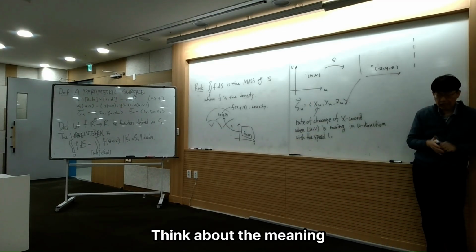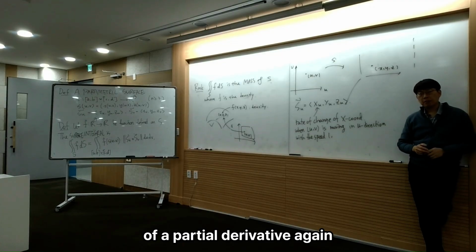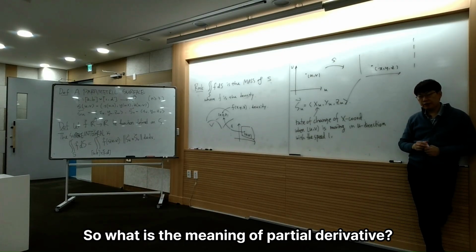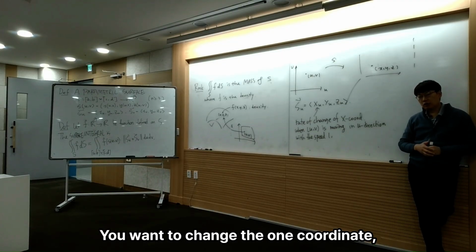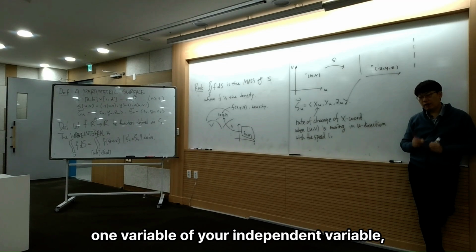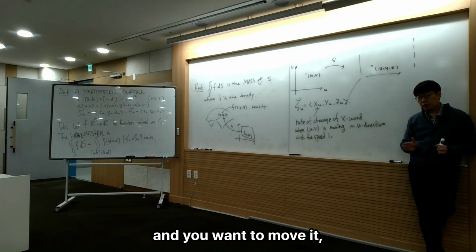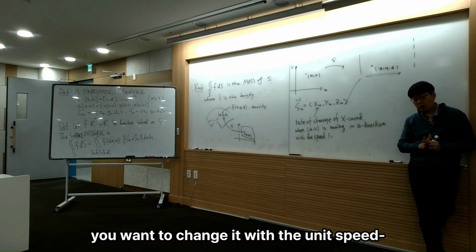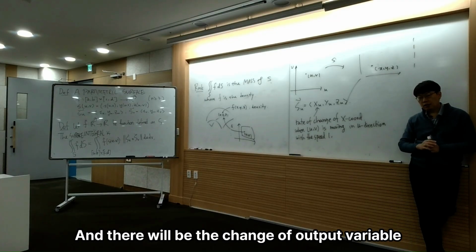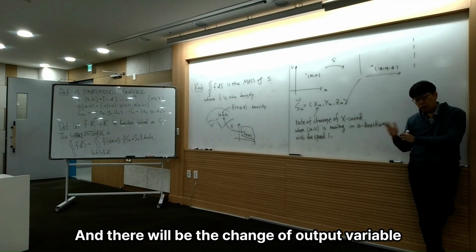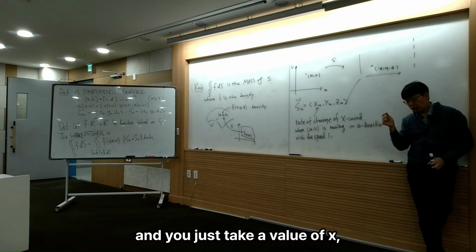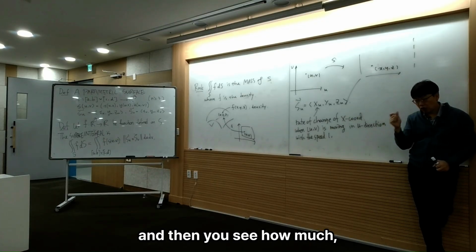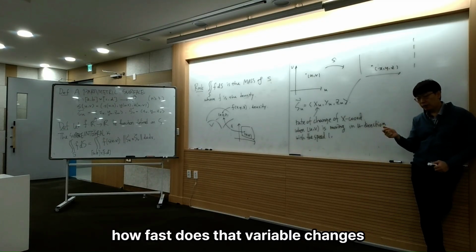Okay, think about the meaning of a partial derivative again. So what is the meaning of a partial derivative? You want to change one variable of your independent variables with unit speed, and there will be a change of the output variable, and you just take the value of x and see how fast that variable changes.